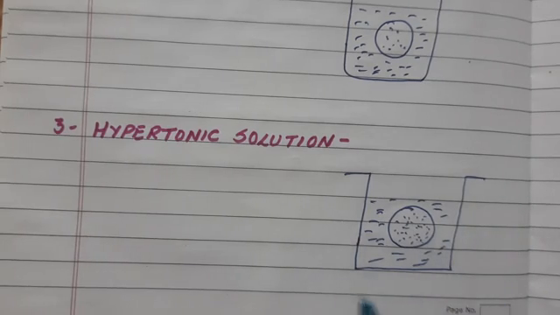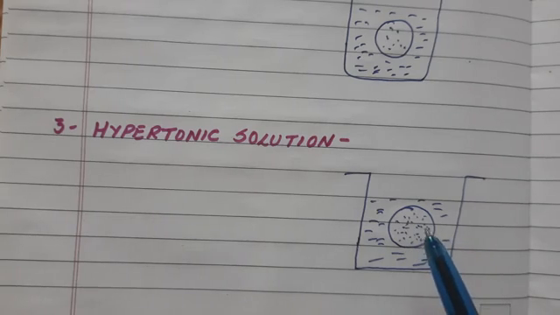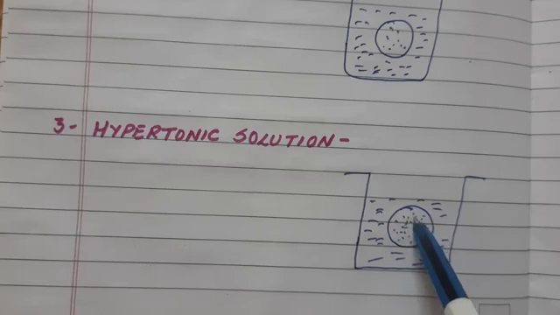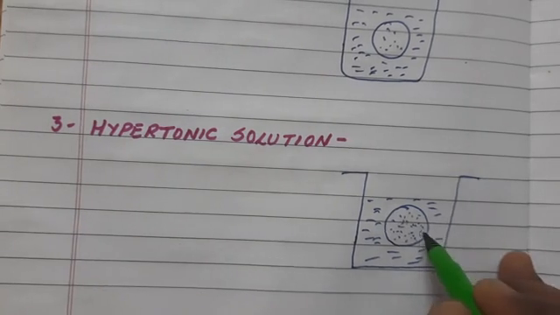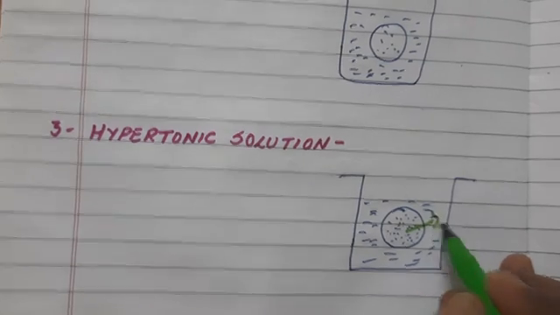Okay? The water is less in the outside medium and more inside the cell. So what will happen? Again, by the process of osmosis, whenever there is higher concentration, here the water concentration is more inside the cell. So the cell will lose water to its surrounding.